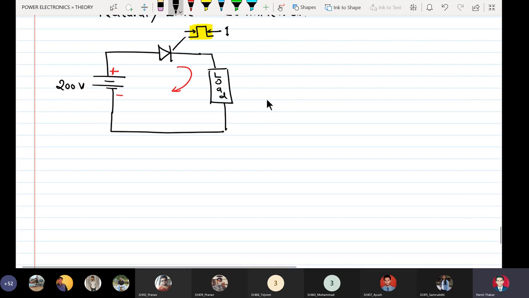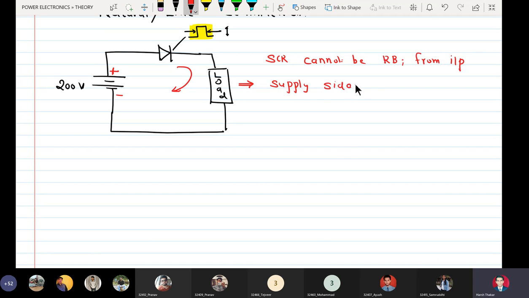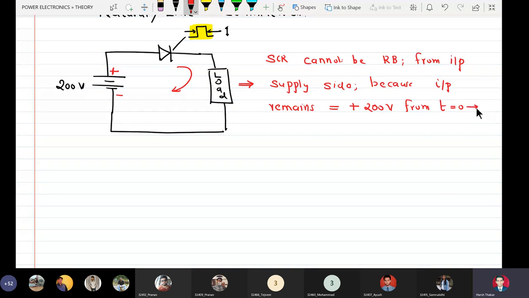So I can make a comment here that in this circuit, SCR cannot be reverse biased from the input supply side, because input remains equal to 200 volts from t equal to 0 to infinity. Okay, so natural commutation is not possible in this circuit.